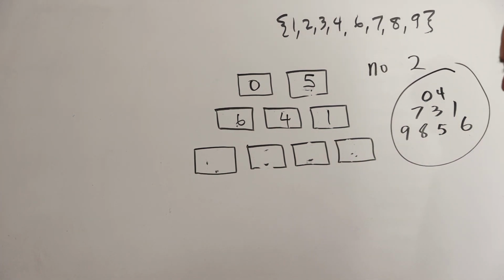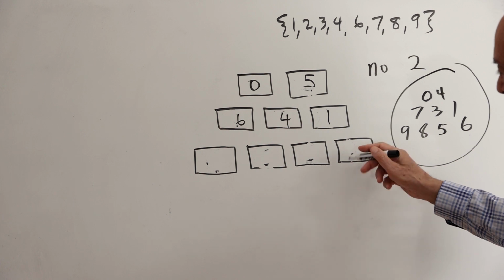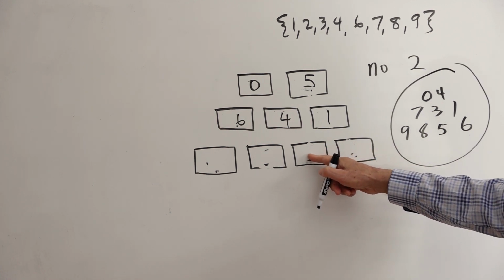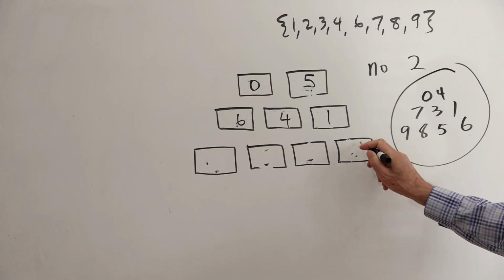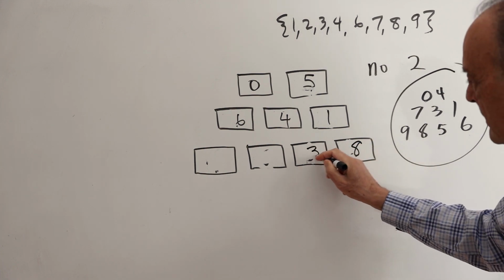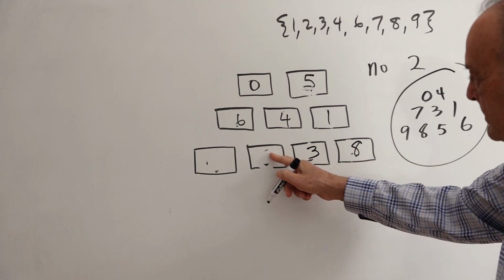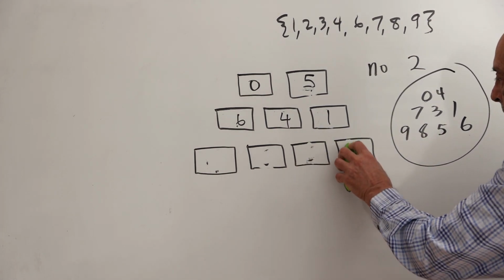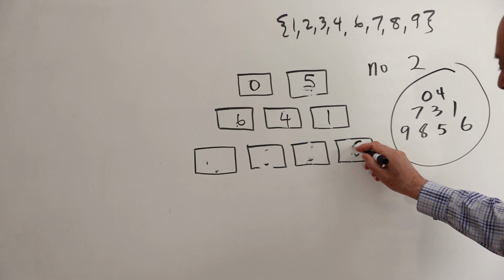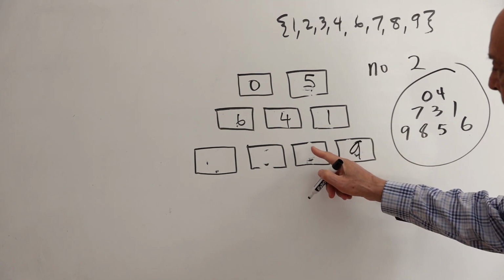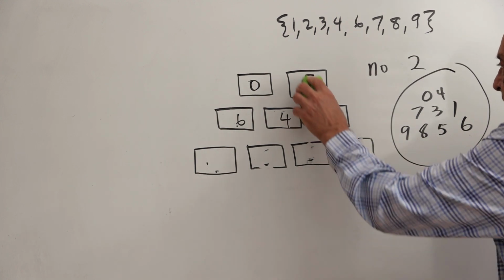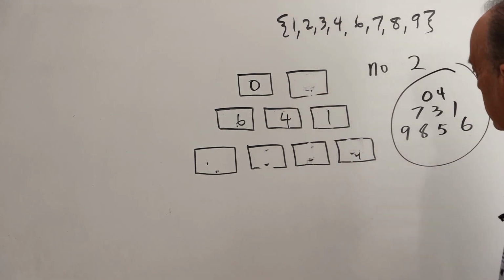We already have 4, 5, and 6 written down. We could try 7, but that would mean we need another 4. So we could try 8 and 3. And that would be 1, but we already used a 1, so it can't be 8. So we could try 9, and that would be 2, but we can't use a 2. So 5 doesn't work. Let's try 6.